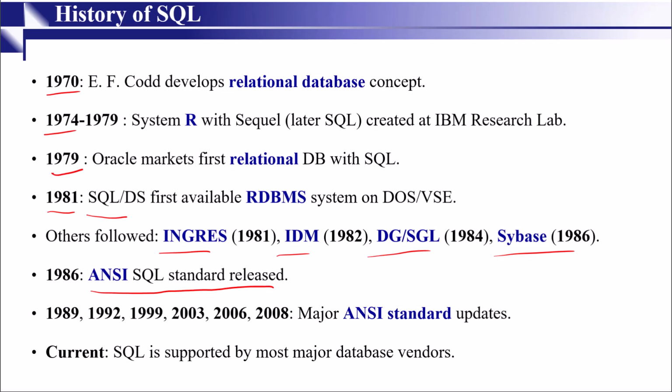Major updates followed in 1989, 1992, 2003, 2006, and 2008, each adding features like stored procedures, triggers, and support for new data types. Today, SQL is supported by virtually every major database vendor, making it a cornerstone of data management.